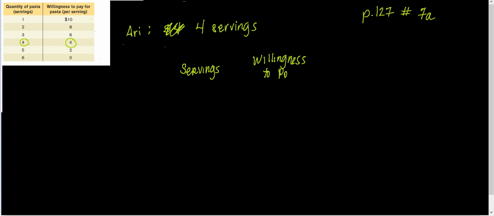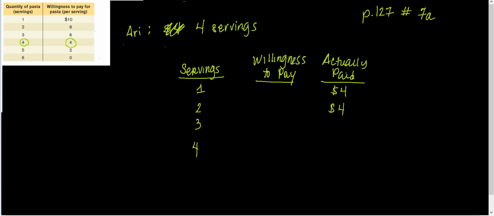Okay, so let's say you have 4, and you know that in order to get Ari to buy all 4, you have to price each serving at $4. Because if you price it any higher, then Ari is not going to buy all 4, and you are going to be taking pasta home with you.